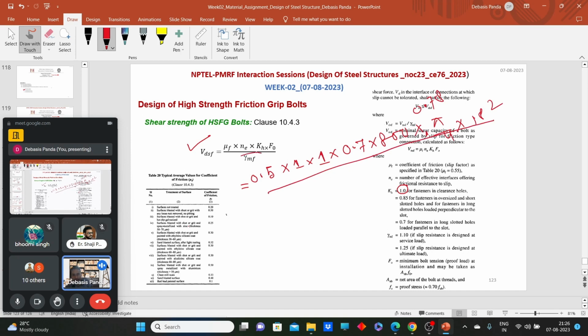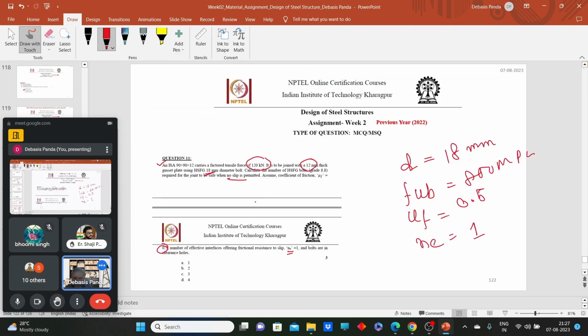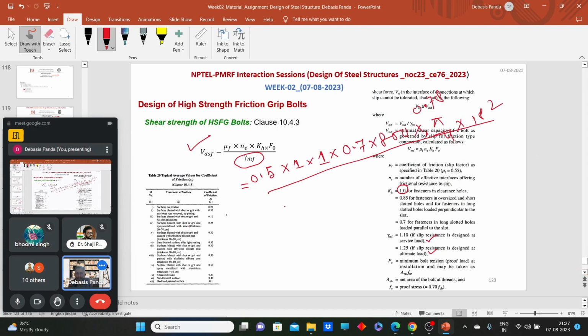Divided by gamma mf. We need to calculate that gamma mf. Two kinds of partial factor of safety are there: when slip is designed at service load and when slip is designed at the ultimate load. So in the question, what is provided? The slip resistance is at ultimate or service, when the slip is permitted. Okay, so we need to consider the ultimate condition.